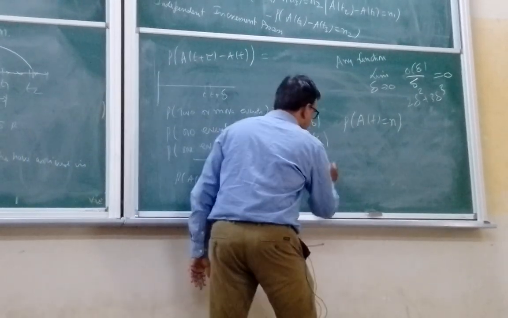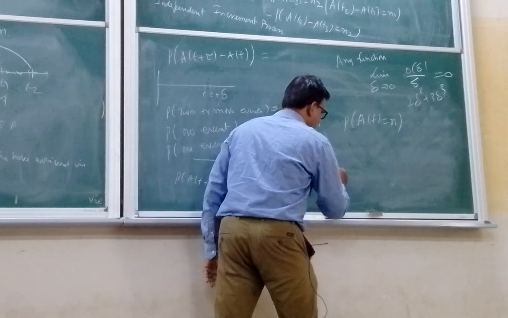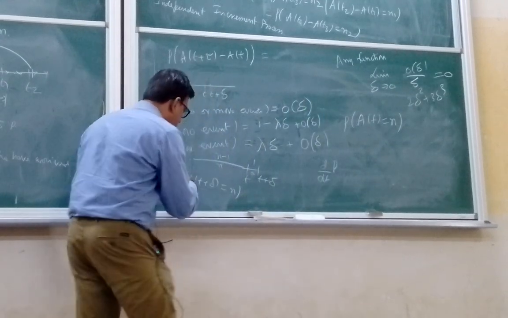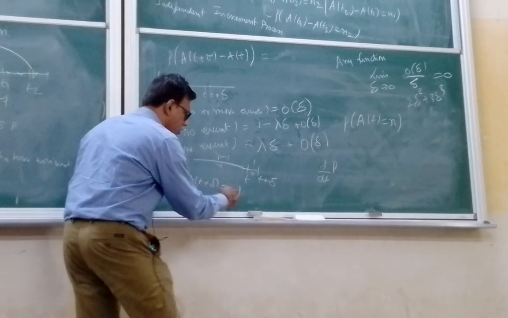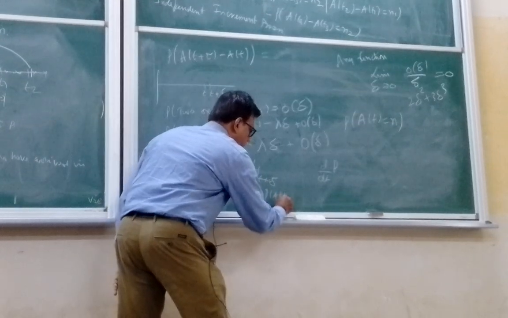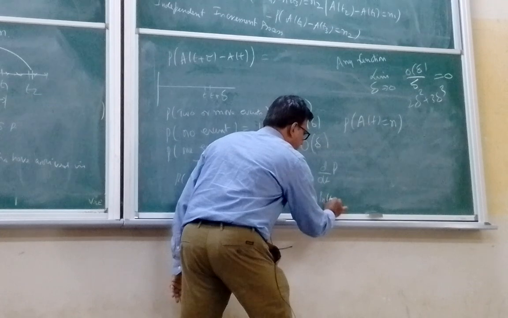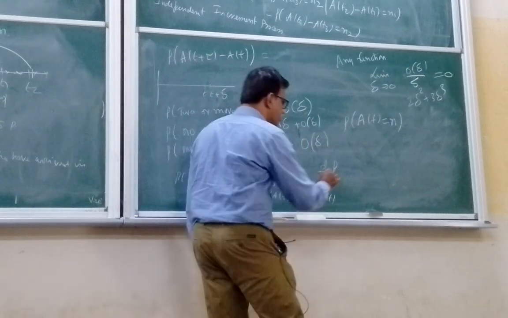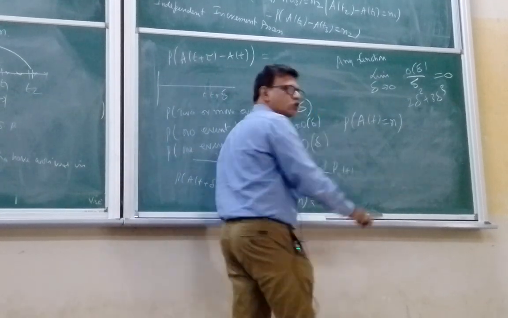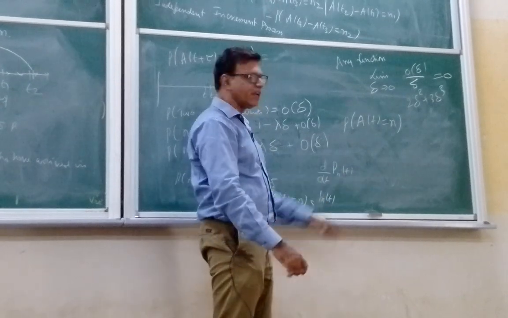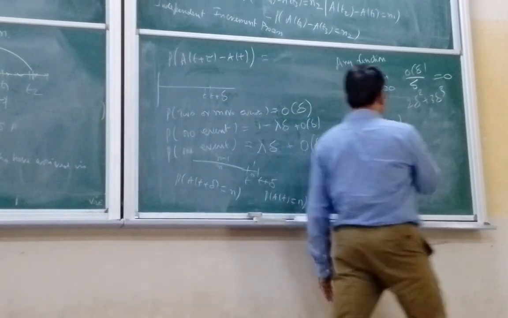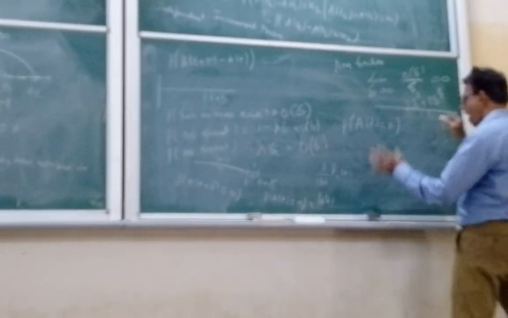And then you can bring terms together and write a differential equation. Okay, d by dt of P of A of t is equal to n. You can write an equation for P n of t. So you will have a differential equation for P n of t and so on, and then finally get a form which will have this kind of form.